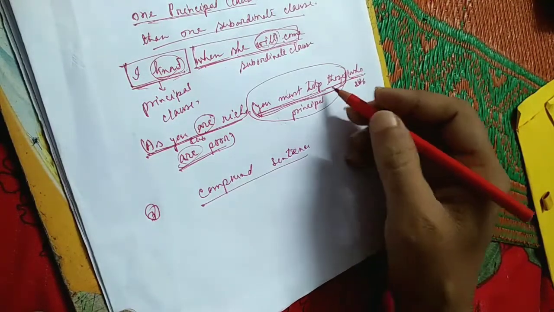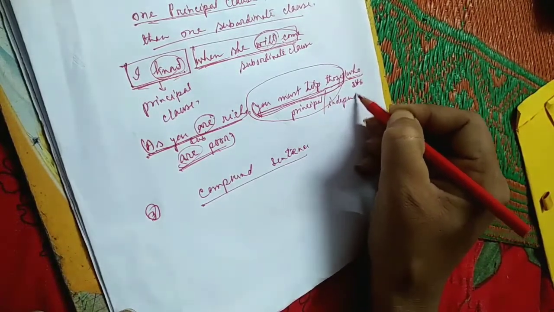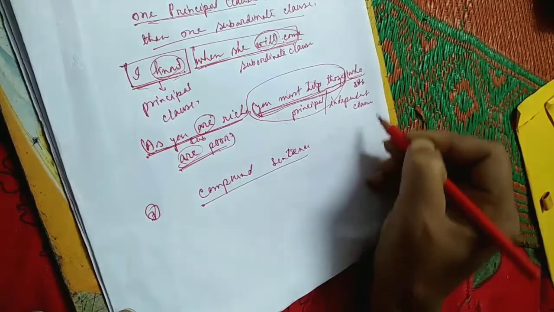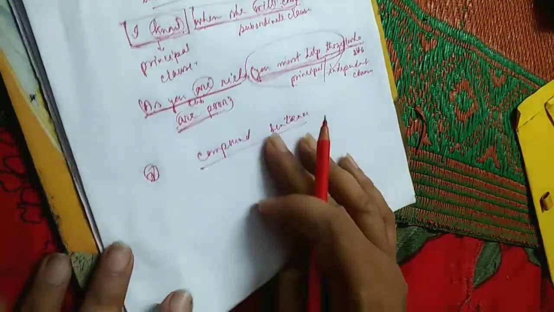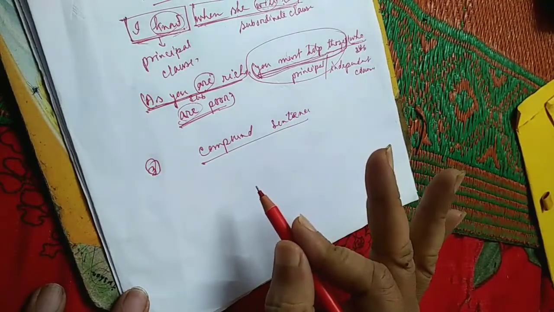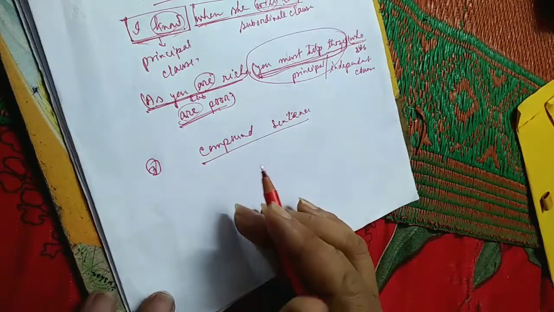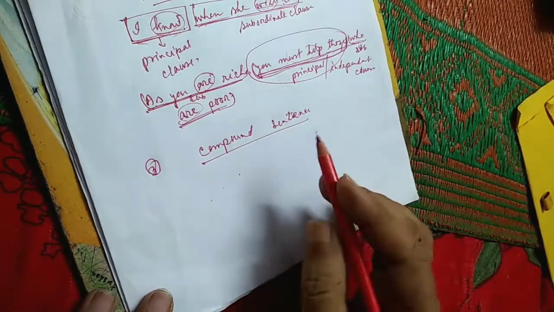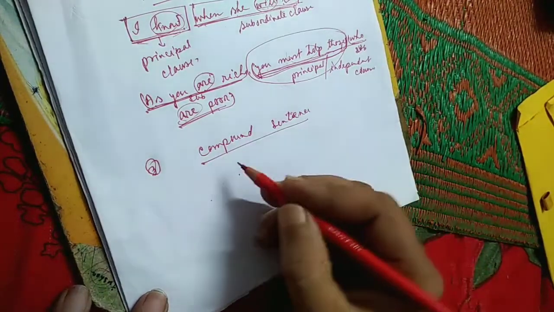In a compound sentence, two or more independent clauses must be contained, and they are always linked with conjunctions such as and, or, but, etc.